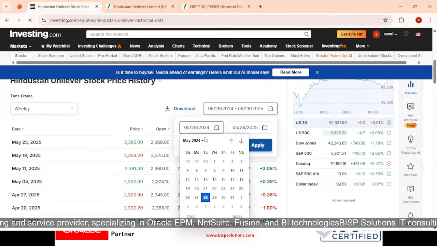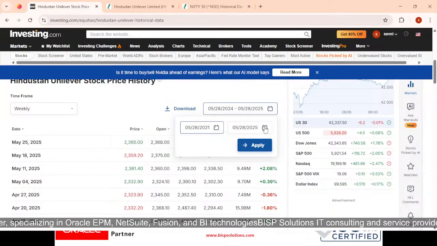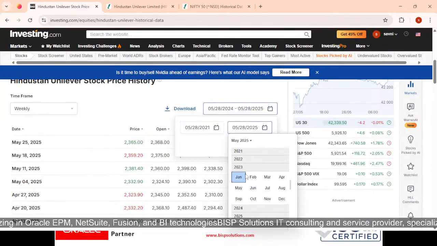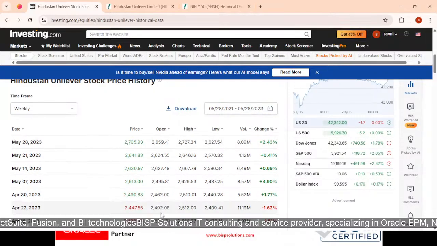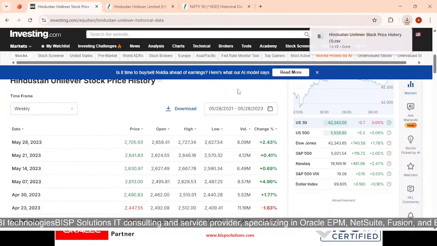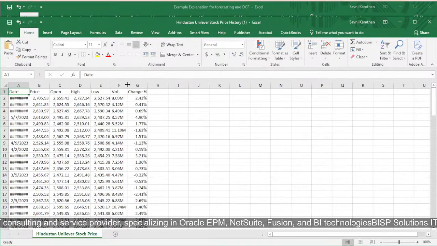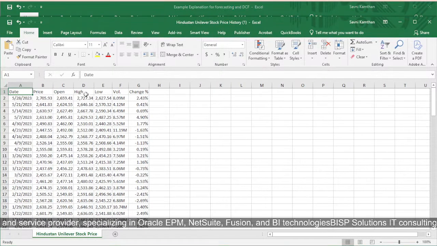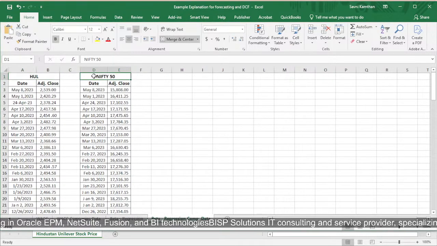I want it from 2021 May 28 to 2023 May 28, and when I click on apply, it will change from 21 to 23, and when I download it, it will give me a different Excel sheet from where I have to take the date and my adjusted closing balance for my Hindustan Unilever and Nifty 50.